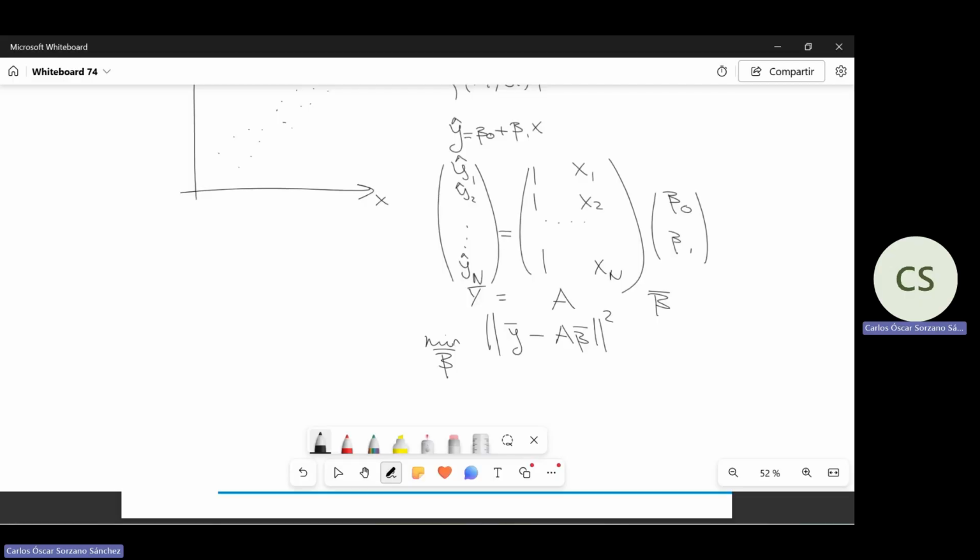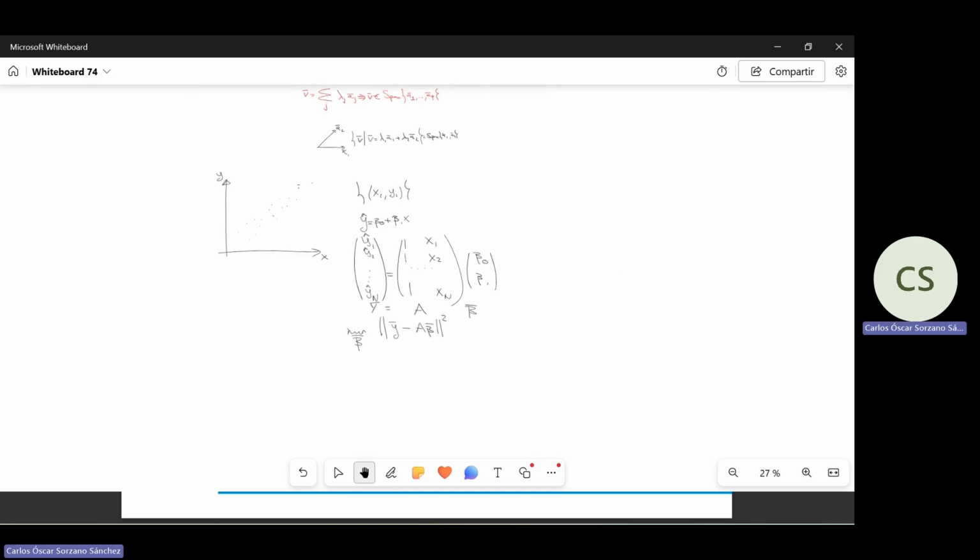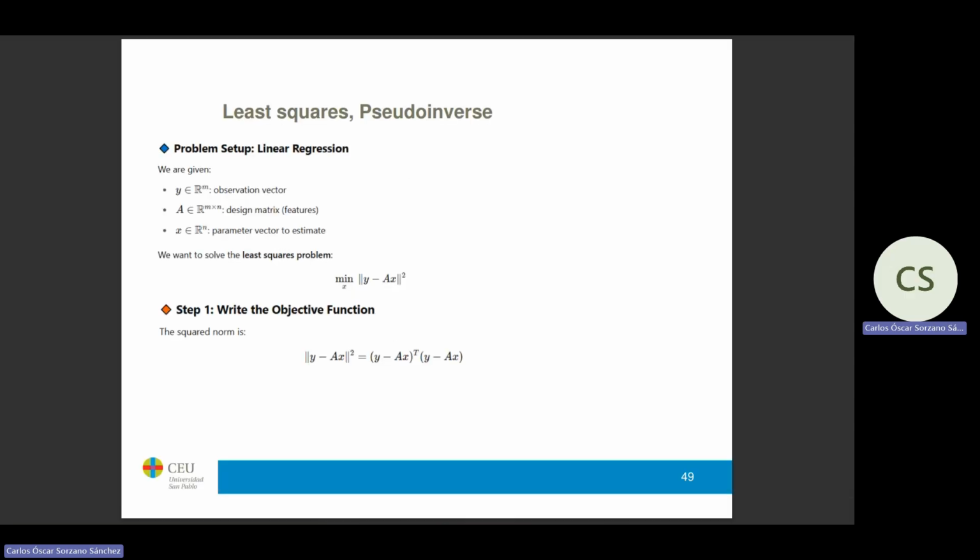It is not the same x as in here. This x goes into the matrix, and your x is your unknown. You are minimizing with respect to that. In this regression model that is now theta, but in general we will call it x.